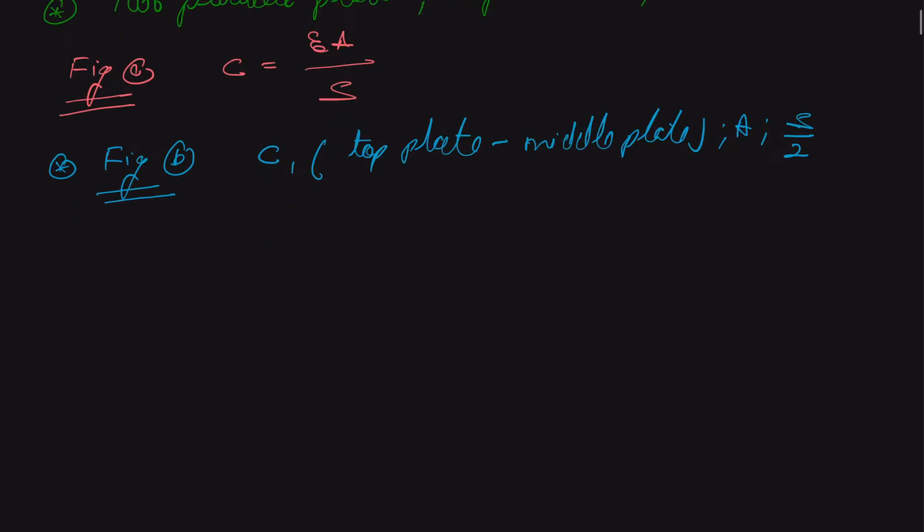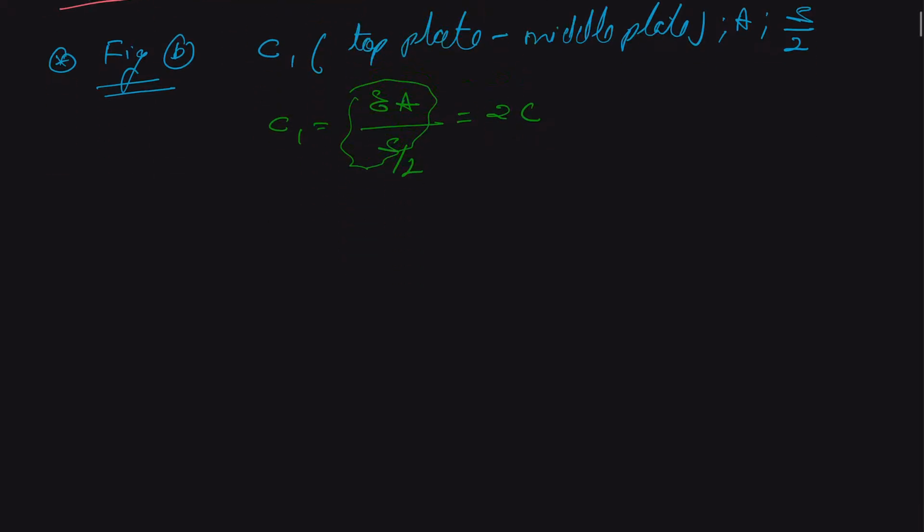Therefore we can write that C1 will be equal to epsilon naught A upon S by 2, or we can say this is equal to 2 times C, because we can easily replace this part by C here. Now we come to C2, which is between the middle plate and the bottom plate.